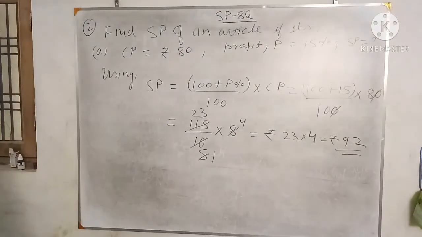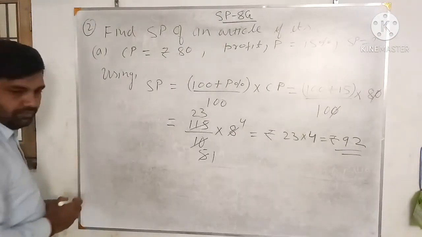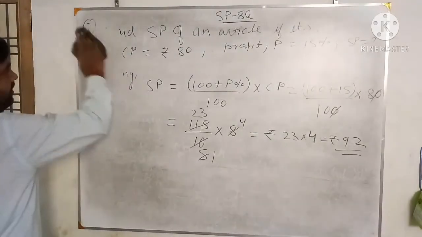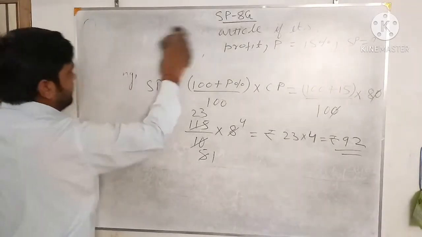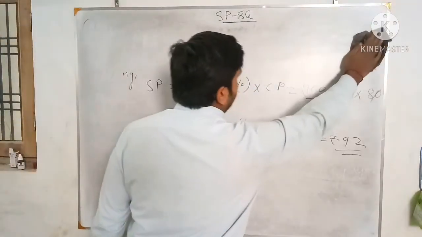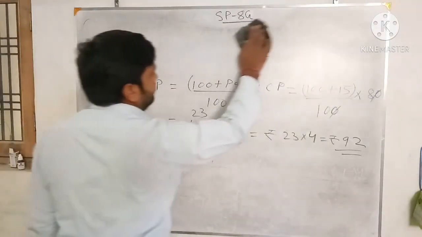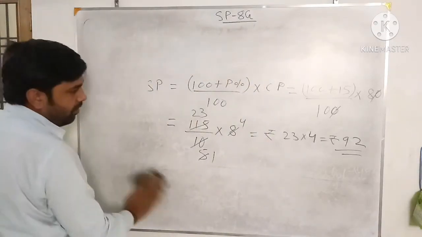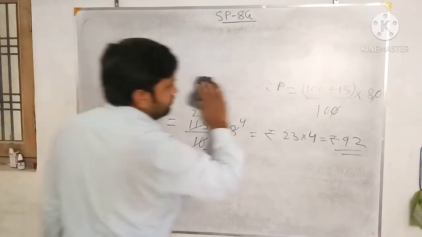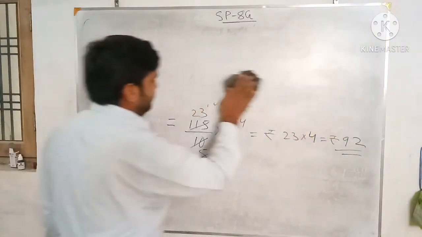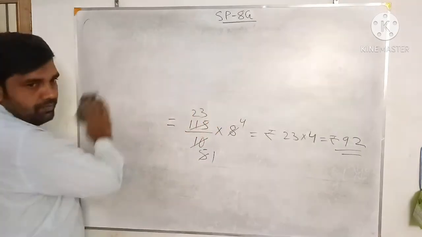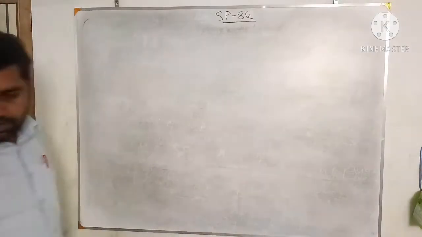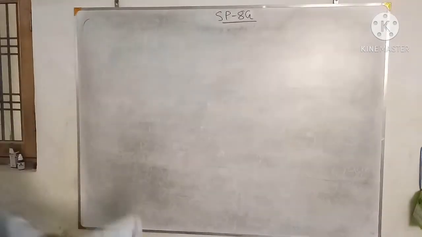Now we do question number 3, in which we find the cost price. Question number 3 is find CP.